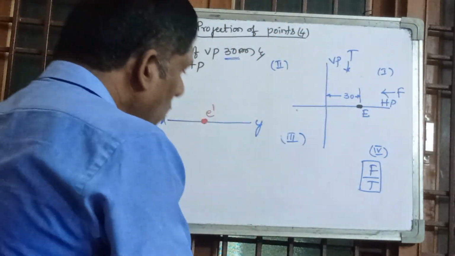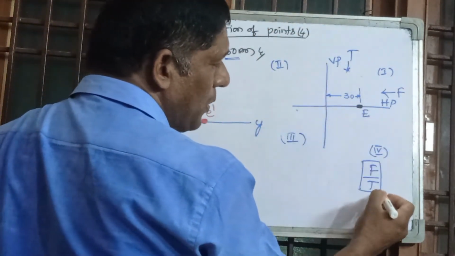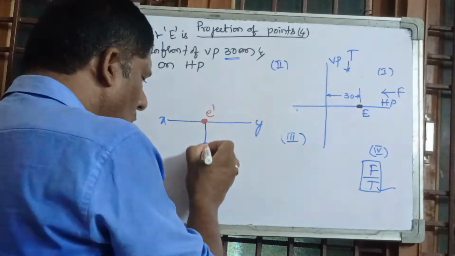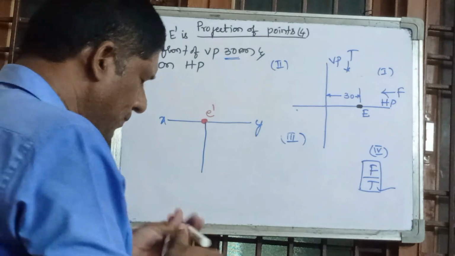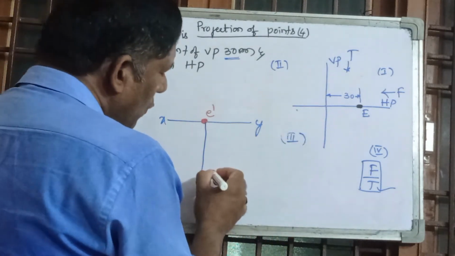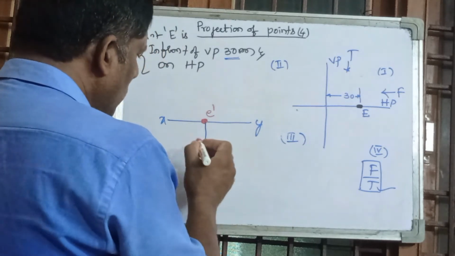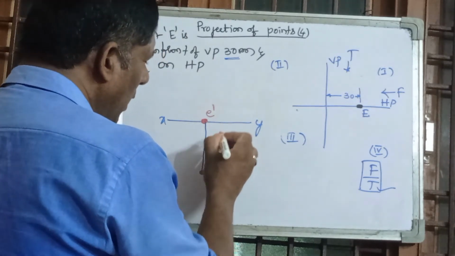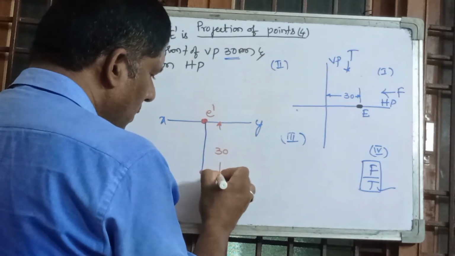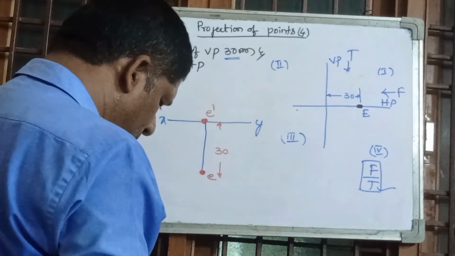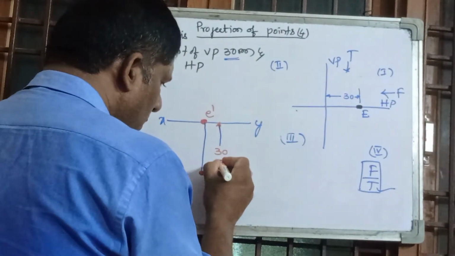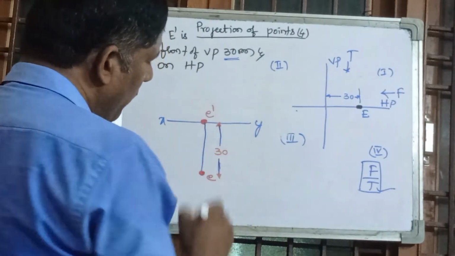Now, as per first angle projection, the top view comes below XY. So directly I am taking 30 mm below XY. It is the top view, so the normal letter is E. So this is the 30 mm.